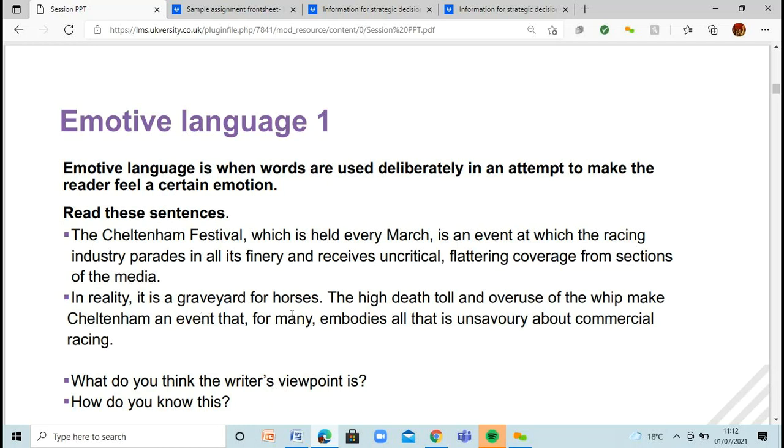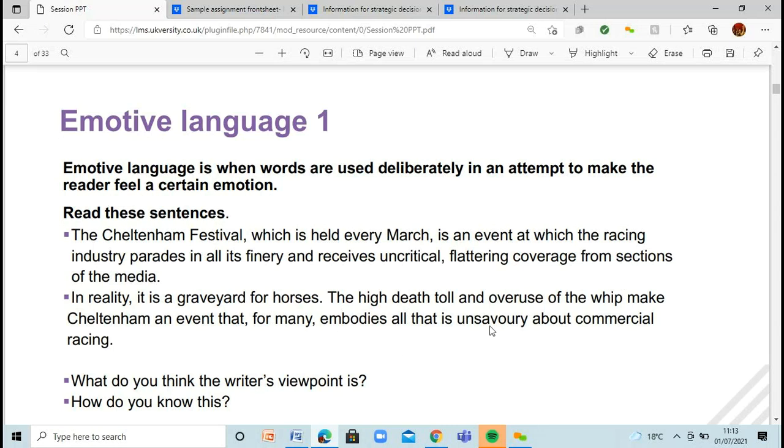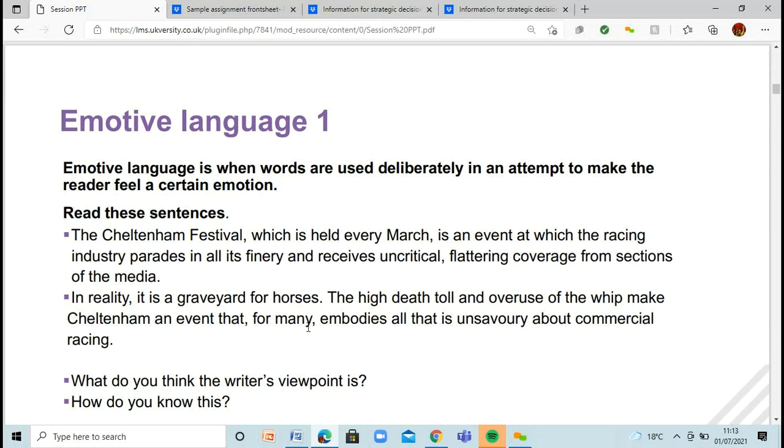Then you can make it a little bit longer. You could go, the writer goes on to say that the high death toll and overuse of the whip shows that they don't agree with this festival and that they think that it shouldn't be happening. So you could use these two sentences, and words like unsavory also give you evidence for that.